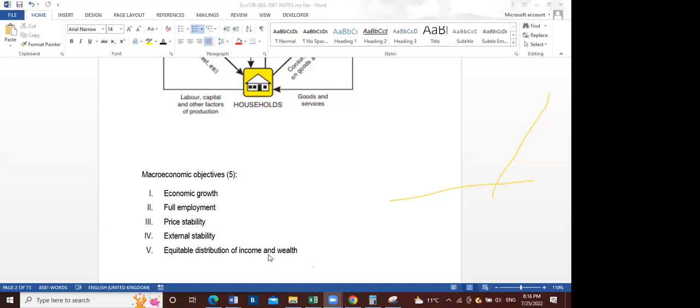So with economic development, you're looking at the development of the citizens within the economy, especially their welfare. As the economy is growing, is the welfare growing? Is everyone included in the growth process? Are they able to access health? Are they able to access education?